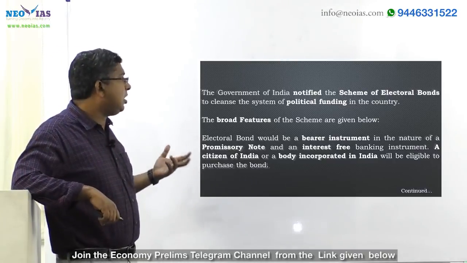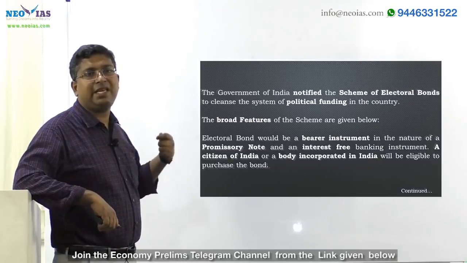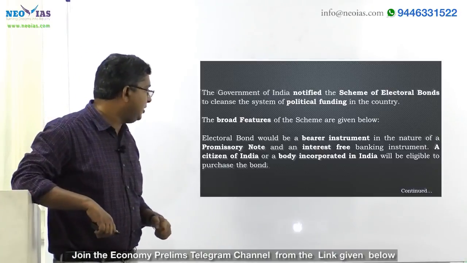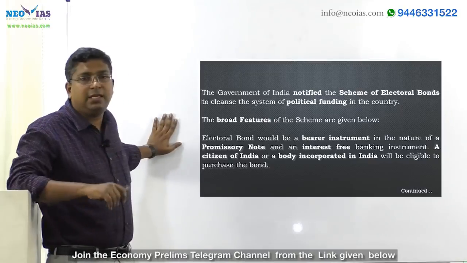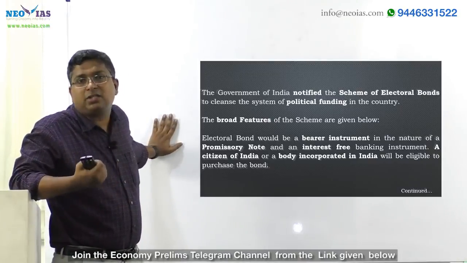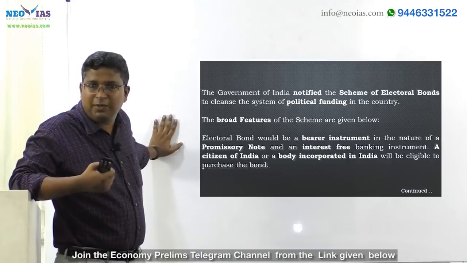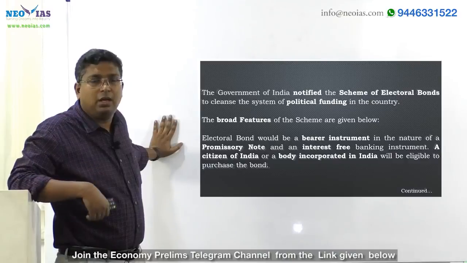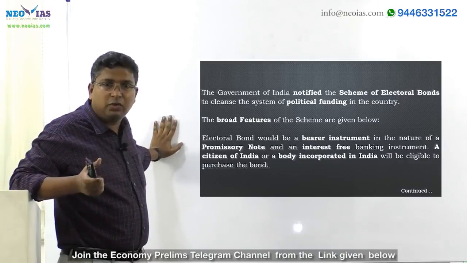Very recently the government has notified the scheme of electoral bonds, basically aimed to clean the political funding in the country. The broad features are very important. First is that it is a bearer instrument. A bearer instrument functions like a promissory note, like rupee notes. Don't get confused with the word bond.